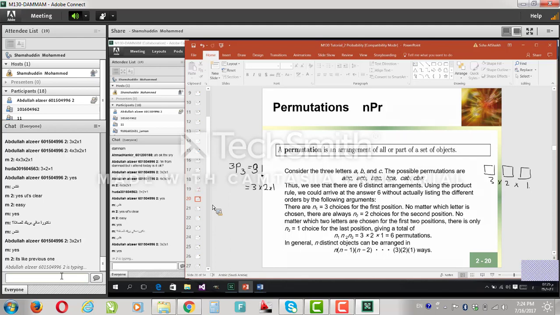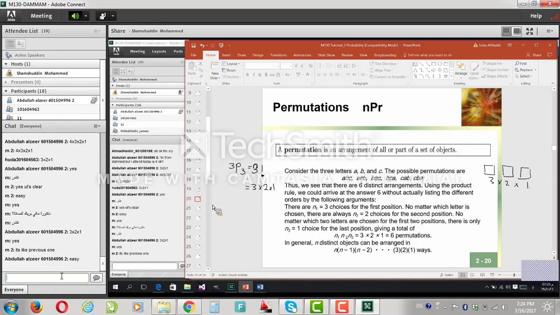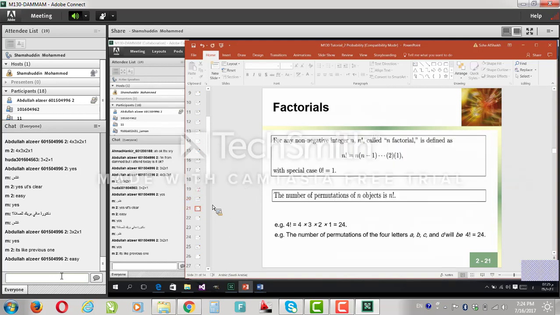So it is 3 times 2 times 1. This is the factorial.